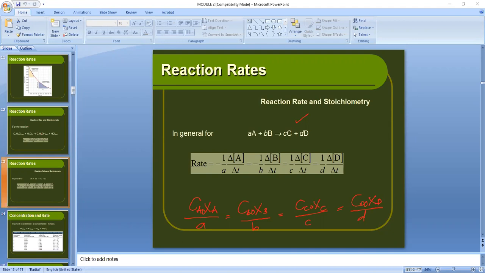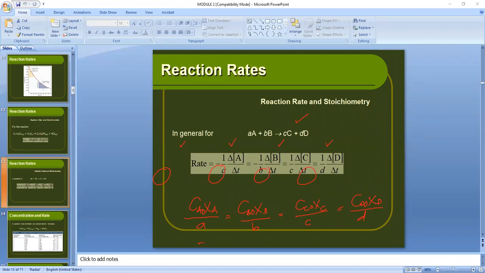Now, it's the same thing in here with the average rates of reaction expressed on each of the species that you see, A, B, C, D, divided by the coefficients of these species as they are written in the balanced chemical reaction. Another thing that you can add to this is in terms of actual rates.